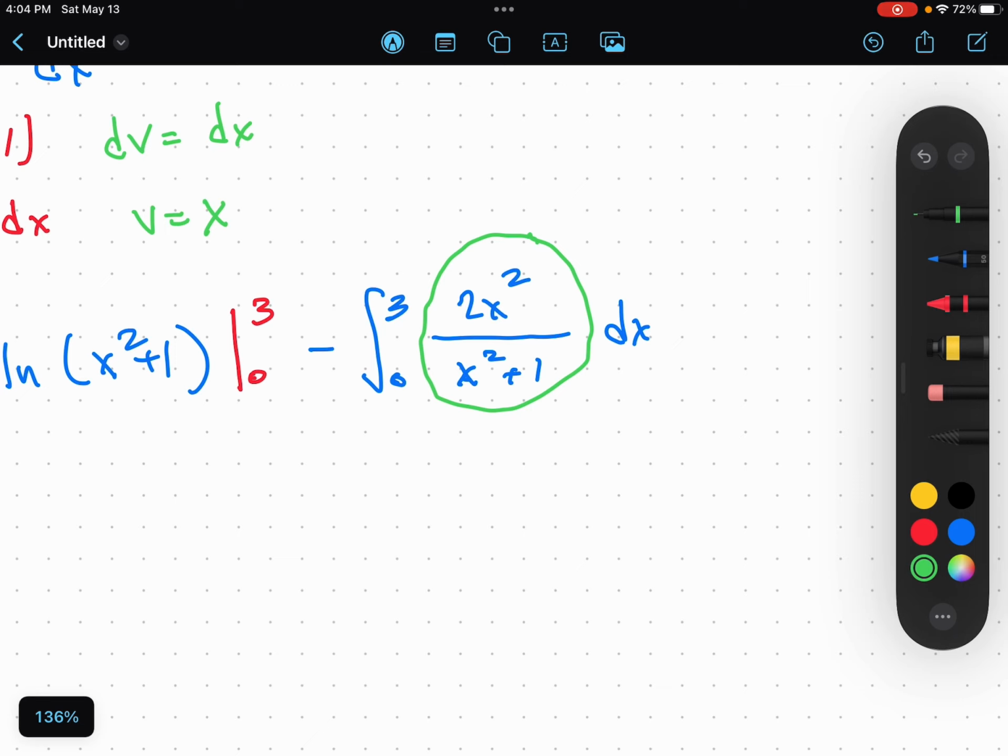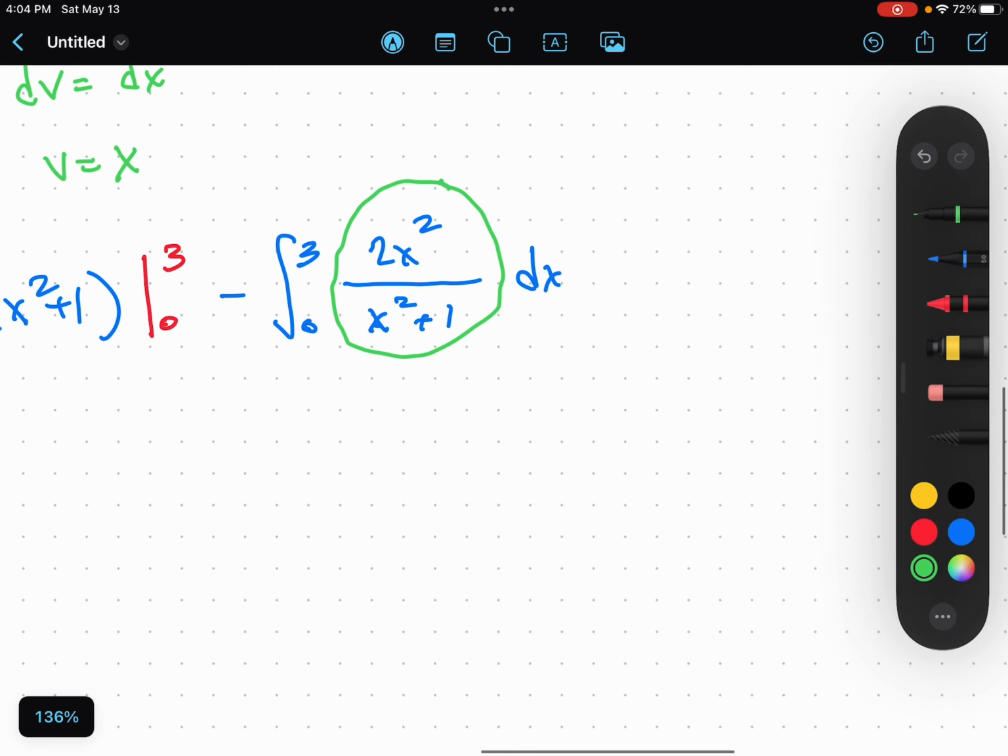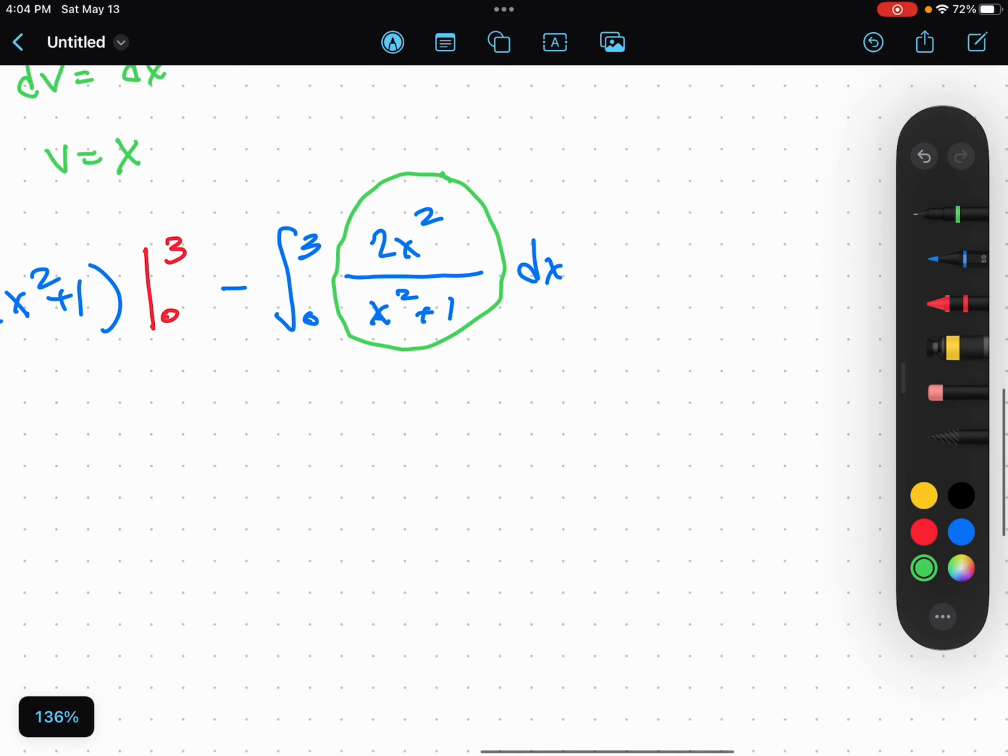So on the side here, let's pick a good color like green, since I circled it in green. I'm going to do the long division on this thing to reduce that fraction. So this is just algebra. And depending on how much experience you've had with long division, it might give you a little bit of a headache, but we'll give it a go.